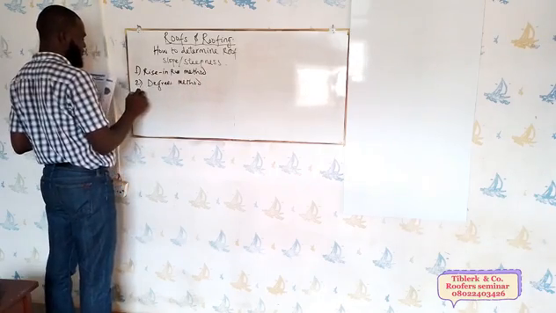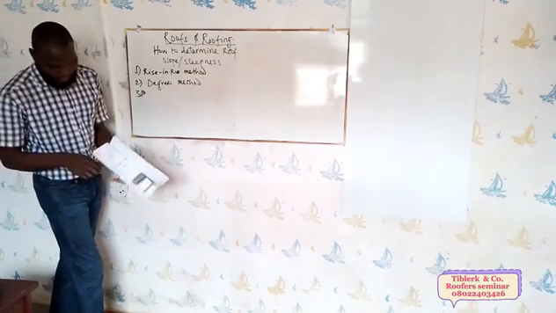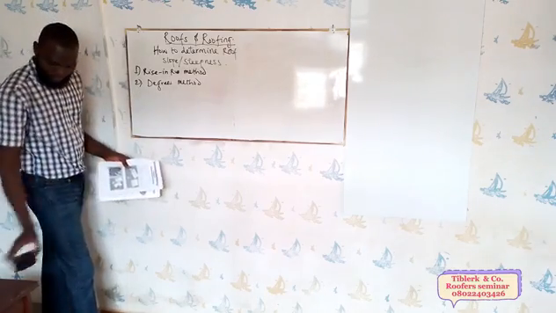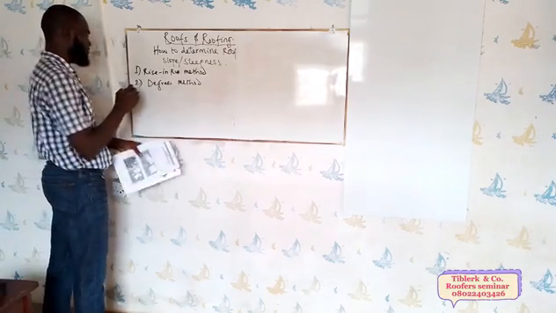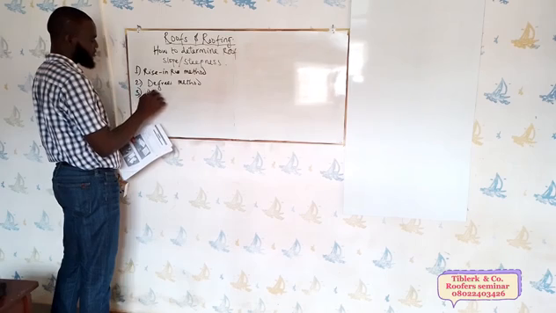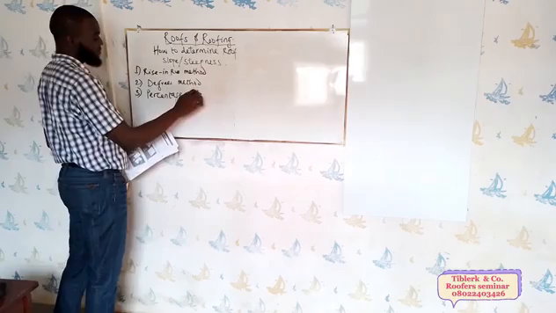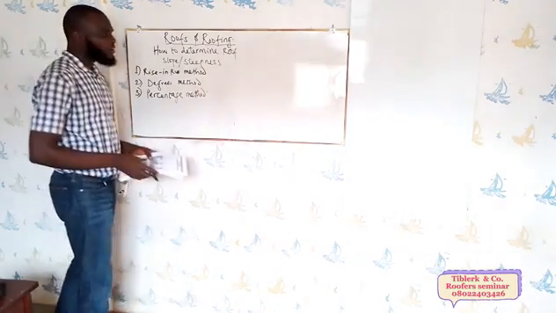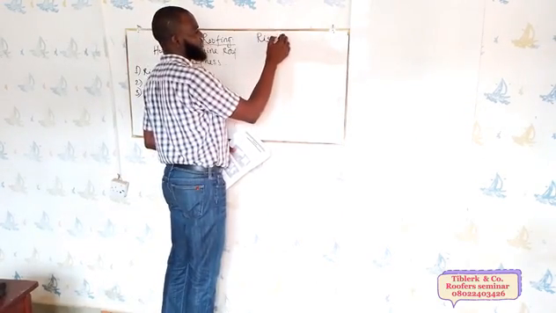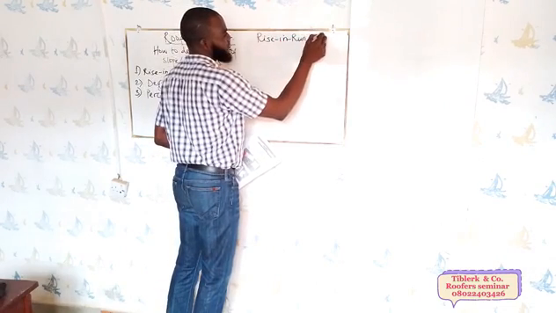And the third one is the percentage method. Now we're going to start with the rise and run method.